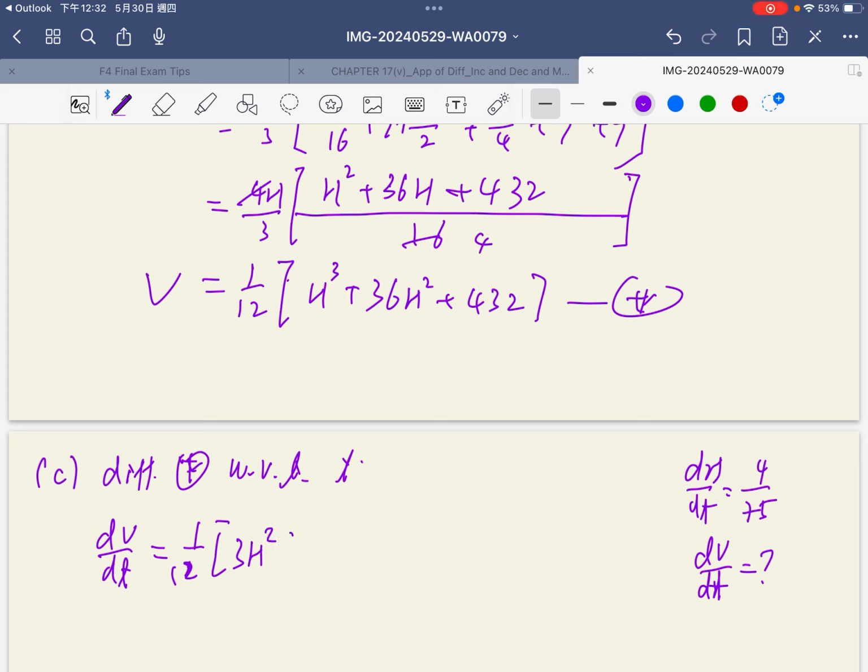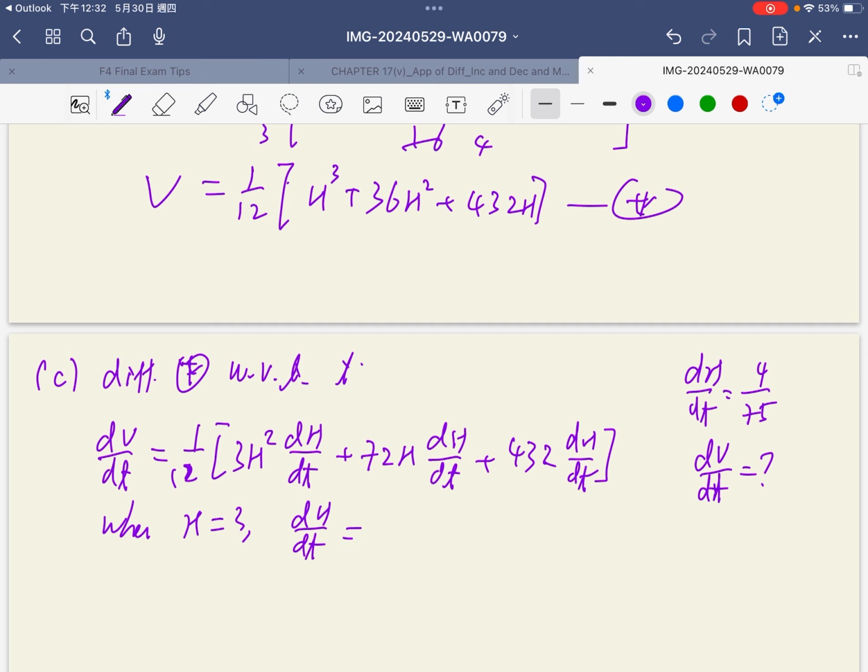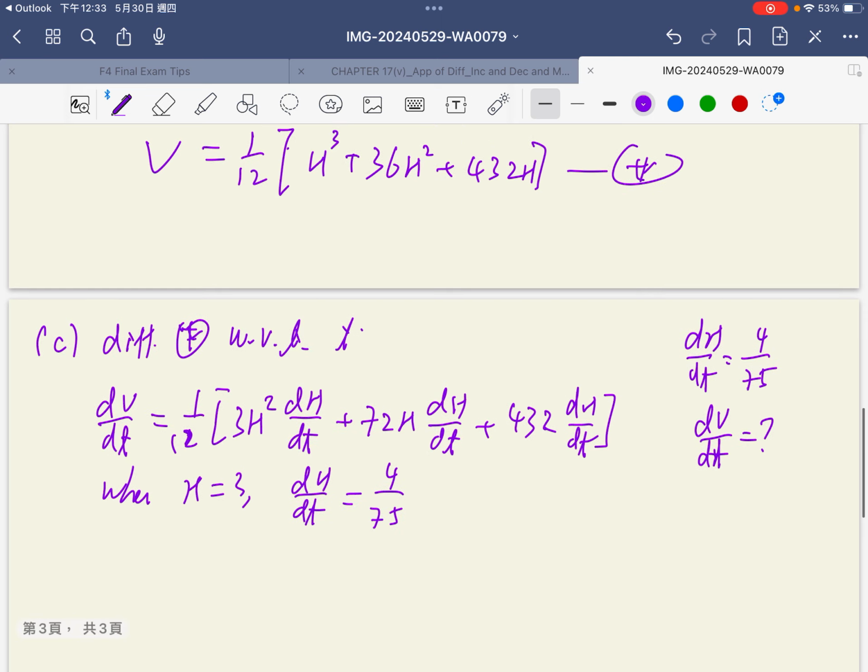For the right hand side, 3 times h to the power 2 times dh over dt plus 72 times h times dh over dt. Oh, h is missing. For the last part, 432 times dH over dt. When h equals 3, dH over dt equals 4/75.